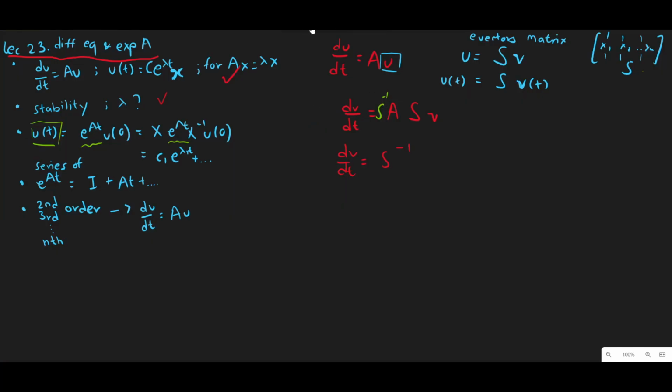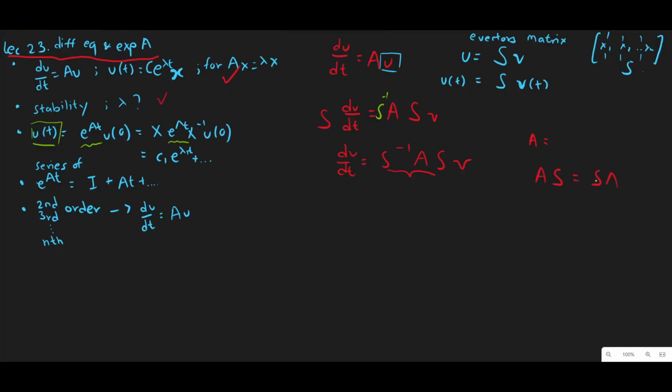Then, if you remember from our previous lecture about diagonalizing A, A equals S Lambda S inverse, where S is our eigenvector matrix.